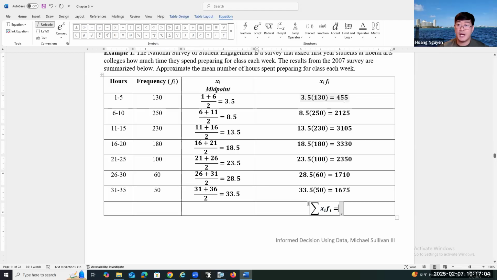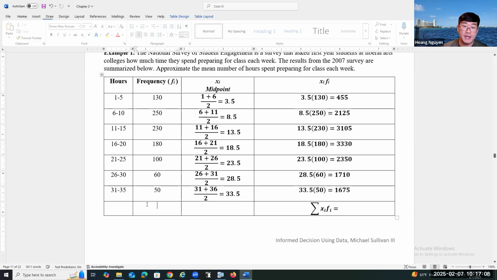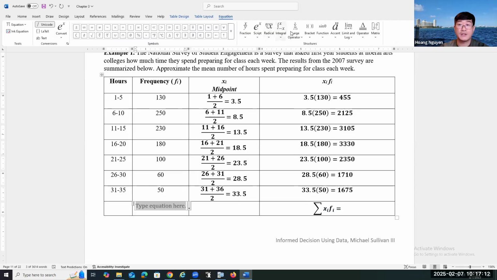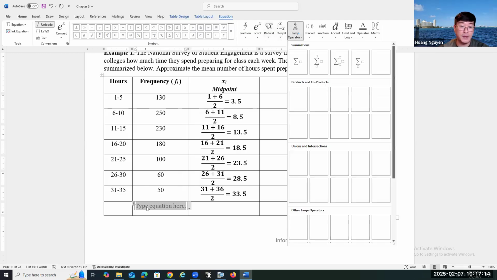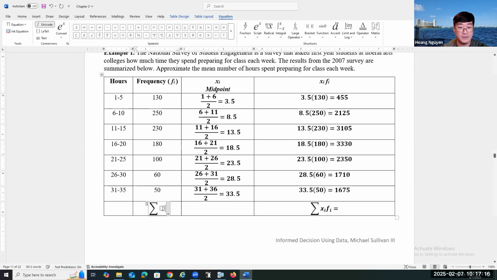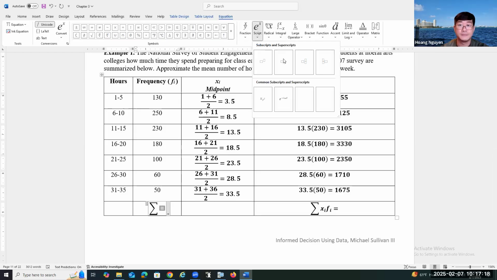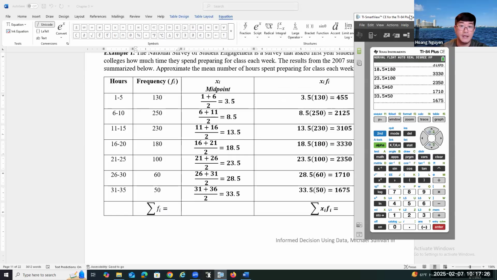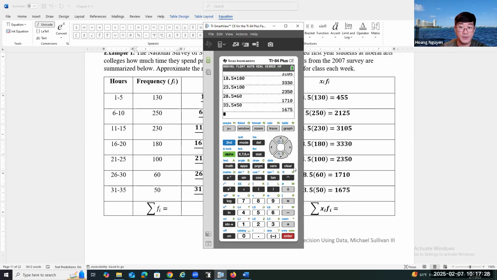Okay, so let's work out this calculation. We need to get the total of this, and we also need to get the summation for all of the frequencies. So we need the summation of fi's also. Okay, let's do the two summations. I'm going to do the summation for the frequency first.